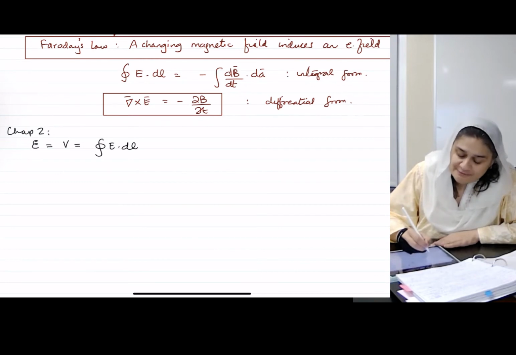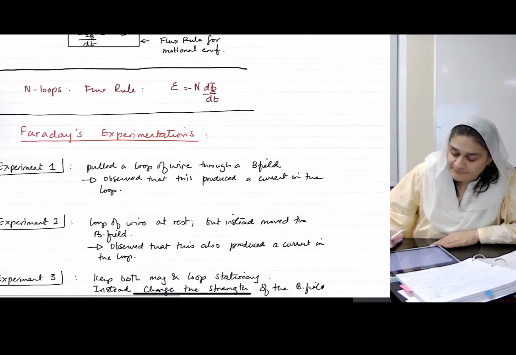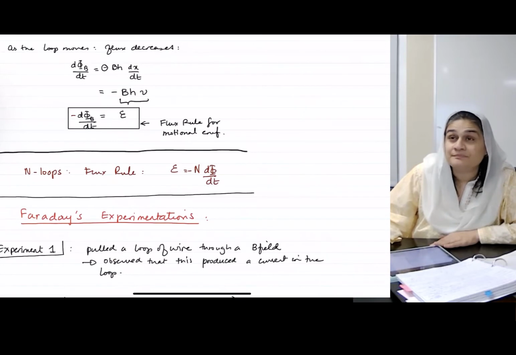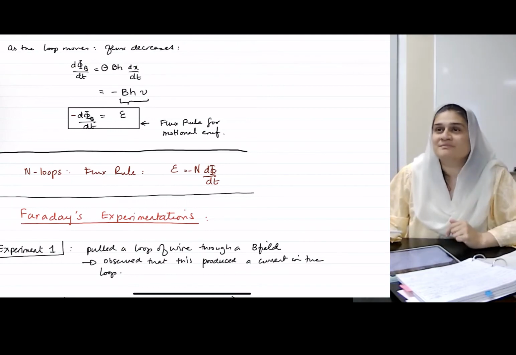Now, what does the flux rule say? I can write for E, partial negative d phi over dt. Imagine I only want to do it for one n, and then we can substitute it.